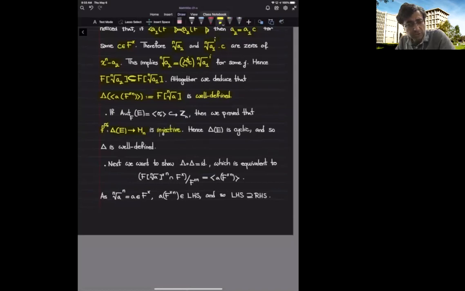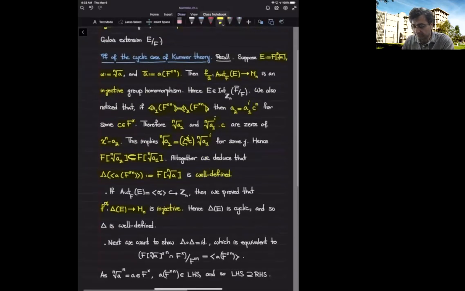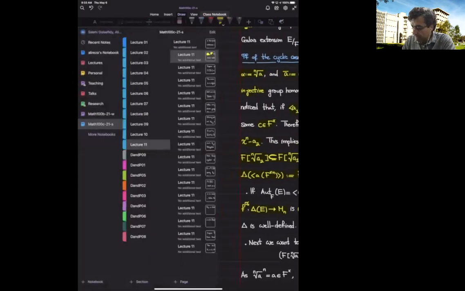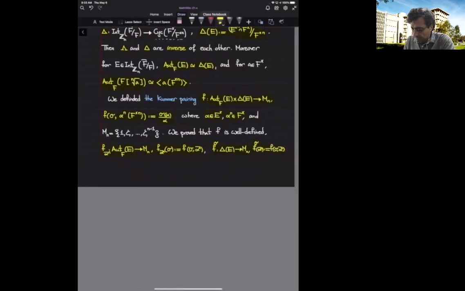The way that you can argue: you pick some coset in the kernel, and that means alpha to the n, alpha bar to the n is in the kernel, and this quantity is nothing but sigma of alpha over alpha. So sigma of alpha over alpha is supposed to be 1. That means alpha belongs to the fixed point of sigma.